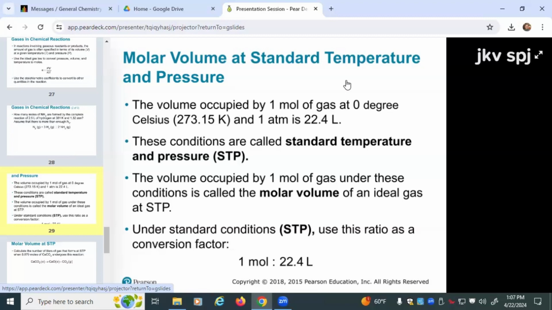And the reason why this is so useful to us is because if we go back to Avogadro's law, one of the conclusions of Avogadro's law was that regardless of the type of gas, all gases, if they are at the same temperature and pressure, will have the same volume.